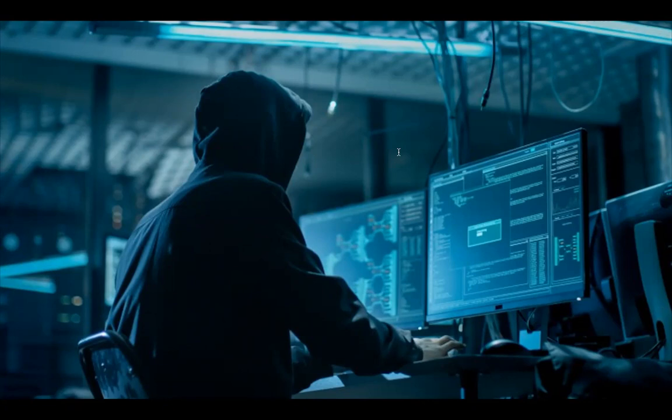Next, names and IP addresses of other servers.